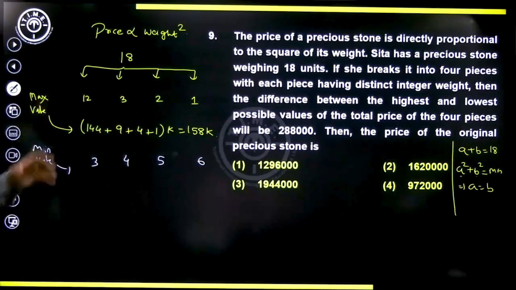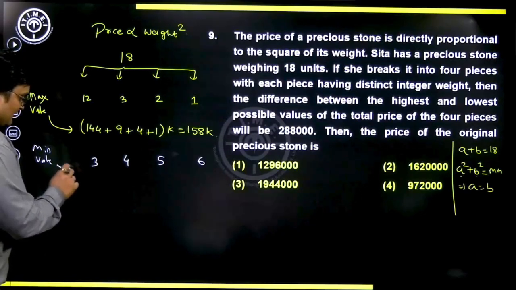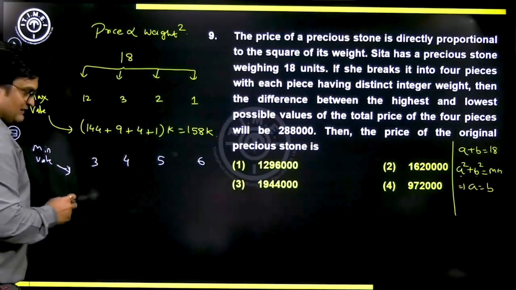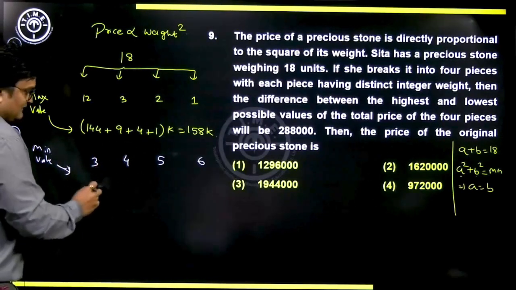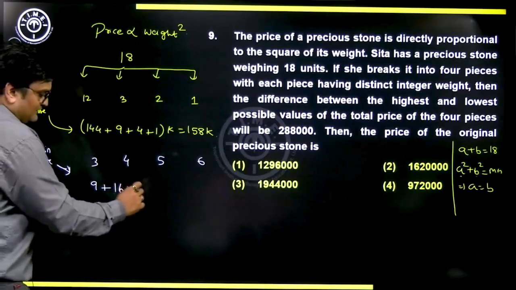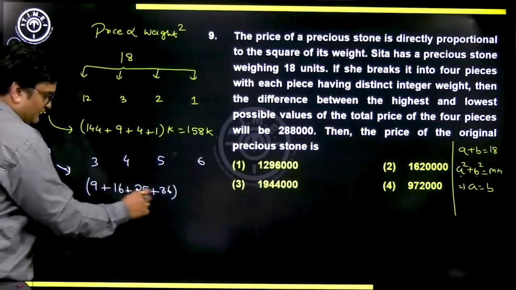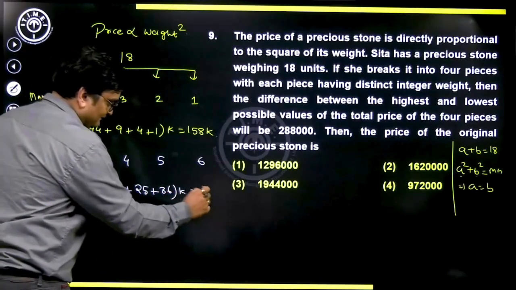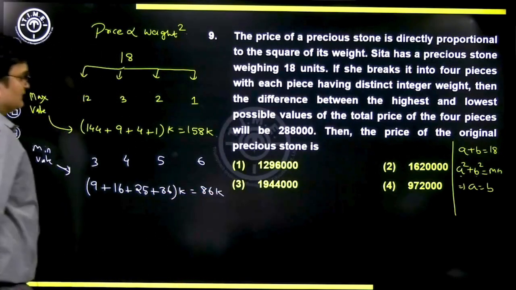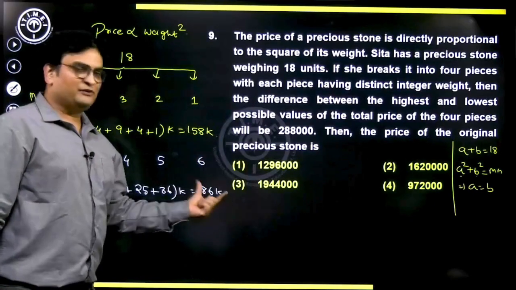This is the closest we'll have. The values are 3 square is 9, 4 square is 16, 5 square is 25, and 6 square is 36. Adding it all, 50 and 36 is 86k. So the maximum value was 158 units, and the minimum value is 86 units.